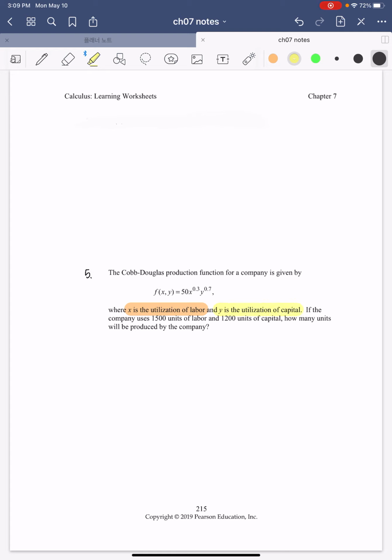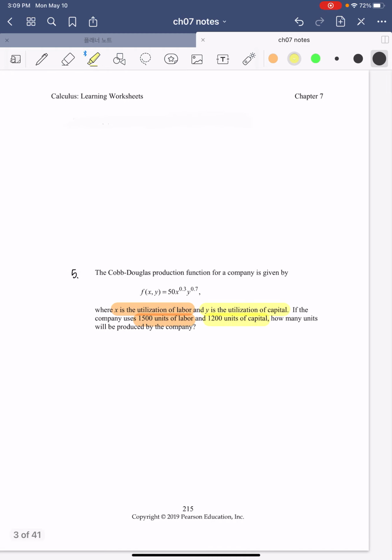If the company uses 1,500 units of labor, so notice the keyword labor, this value will be my x. And then 1,200 units of capital, so this will be my y value. How many units will be produced by the company?